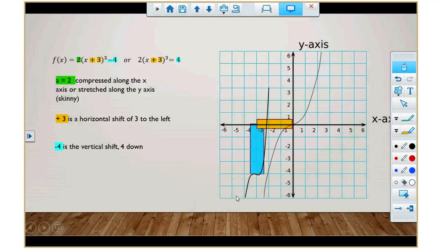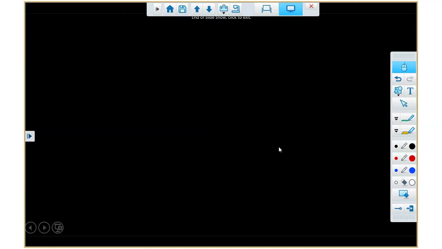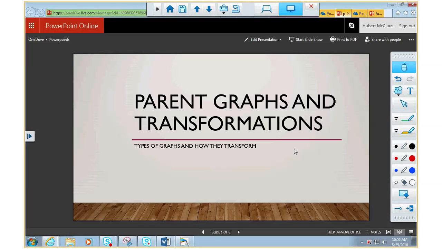Notice it's a little bit compressed. I messed that up right there, don't look at that, but it's compressed. This is not as shallow as this. It's being compressed or stretched along the y-axis. Okay? So that's your parent graphs and transformations.